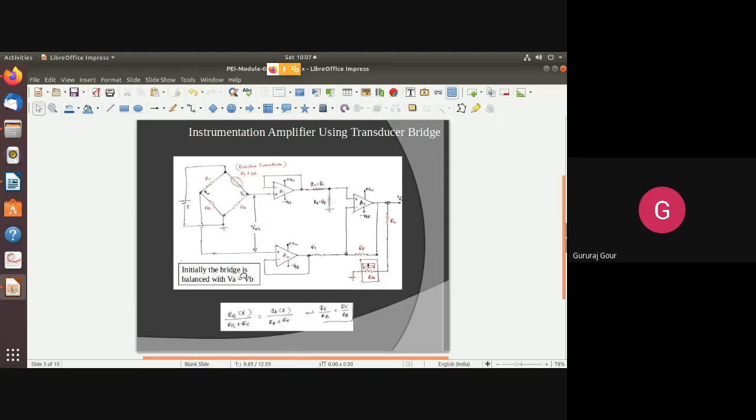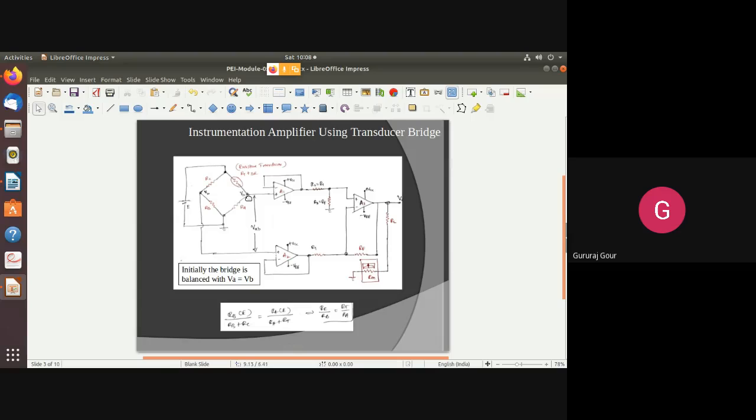Initially we can assume that the bridge is balanced. With this resistive transducer in the second arm, it is known as a transducer bridge. Otherwise, it is simply a bridge itself.